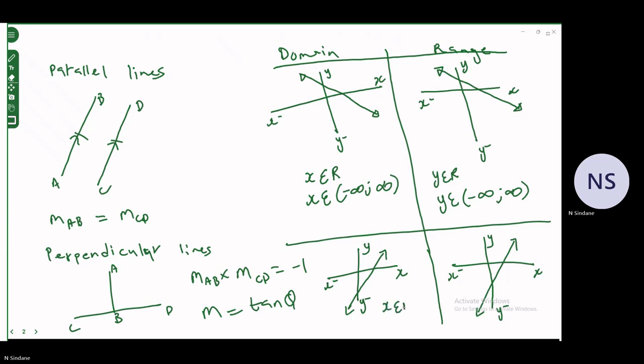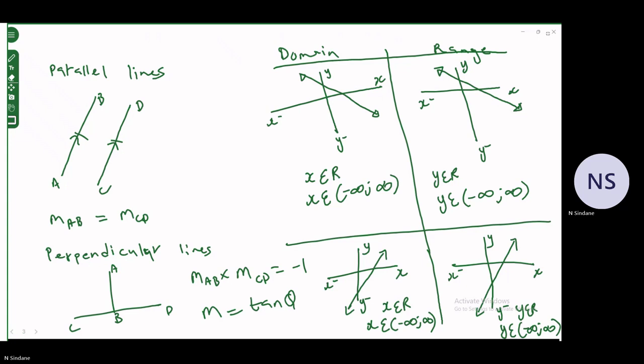So I can say x is an element of real numbers, and x is from negative infinity up to positive infinity. Even on this side, I can do the same: y is an element of real numbers, or y is from negative infinity up to positive infinity. Those two things mean the same thing. So for the graph of a straight line, that's how you represent the domain and range of the graph.